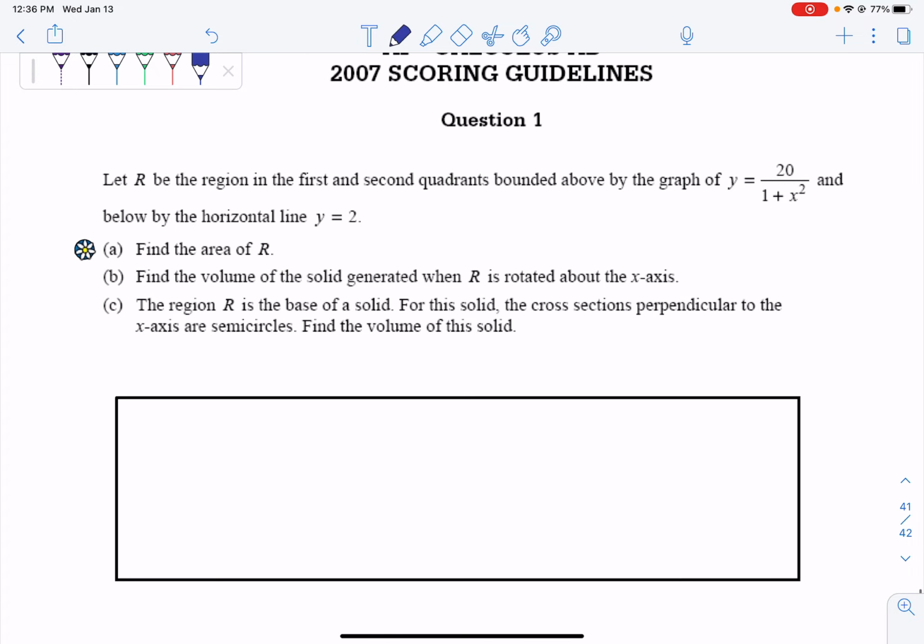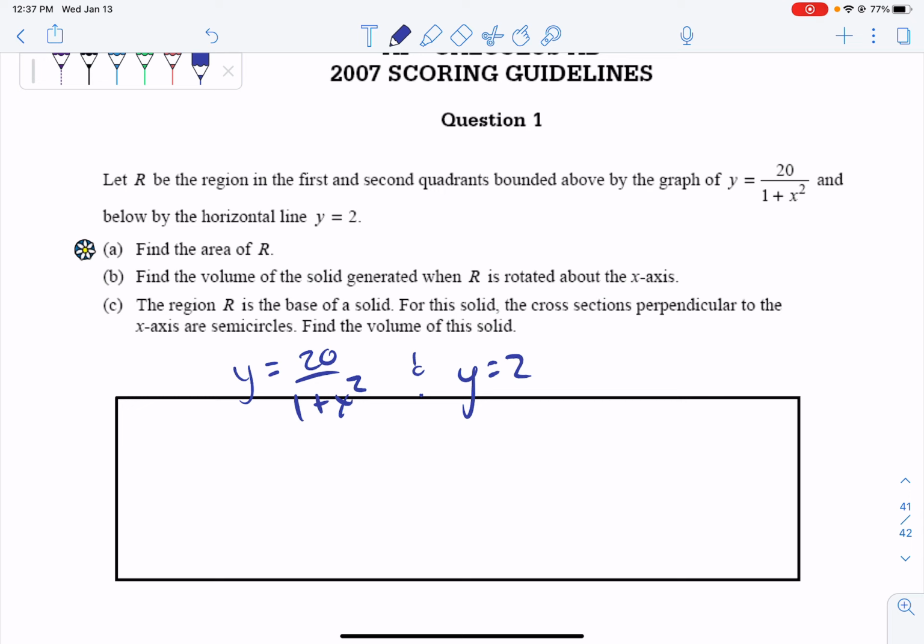So it wants us to find the area of R, and it tells us R is the region in the first and second quadrants bounded by the above graph, and the horizontal line y equals 2. So I have y equals 20 over 1 plus x squared and y equals 2.